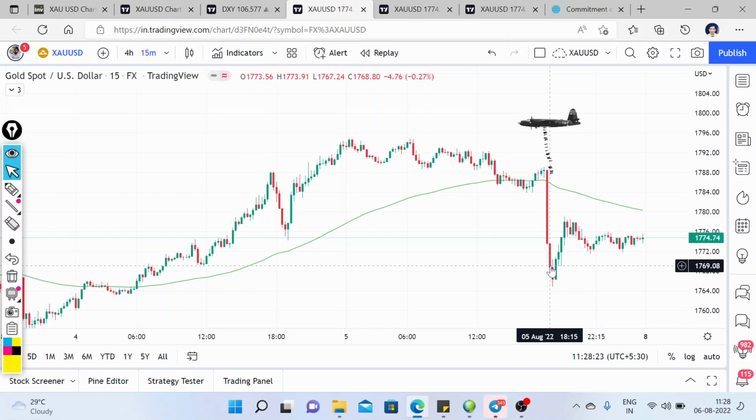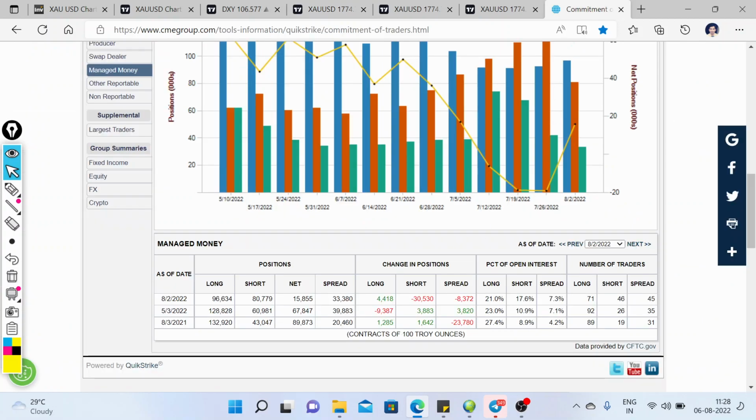So first we are going to discuss the COT report, and as usual we are in the managed money. This time the data is very interesting because most of the activity is going in the short positions. In the net short position, you can see we have short covering.